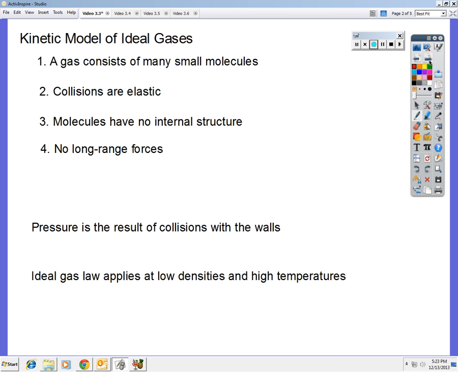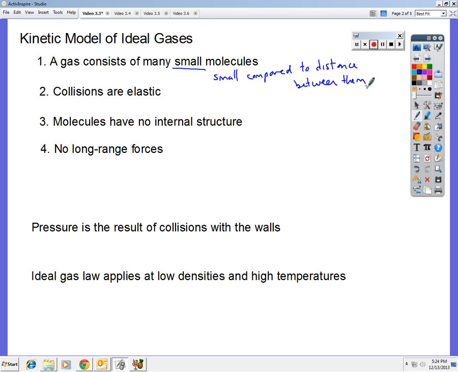The first one is that the gas consists of many small molecules. And when we say small, we mean small compared to the distance between them. So they generally stay fairly far apart. Second, when they run into each other, the collision is elastic.